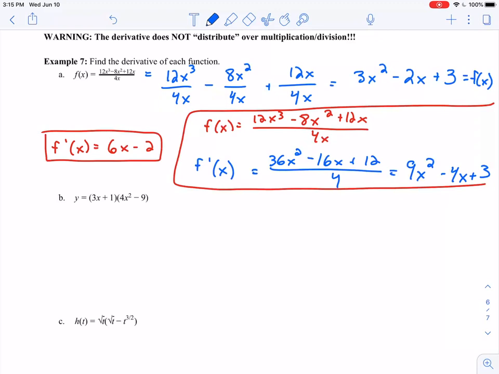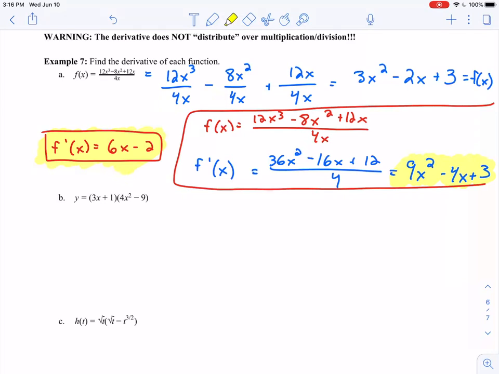This is a really big problem, because I've essentially found the derivative two different ways and ended up with two different answers. The first way, I took the long way around, but I know that this original expression is equal to this, and I know how to deal with that polynomial, 3x squared minus 2x plus 3. With this other one, we tried to take a shortcut that we weren't sure worked out.